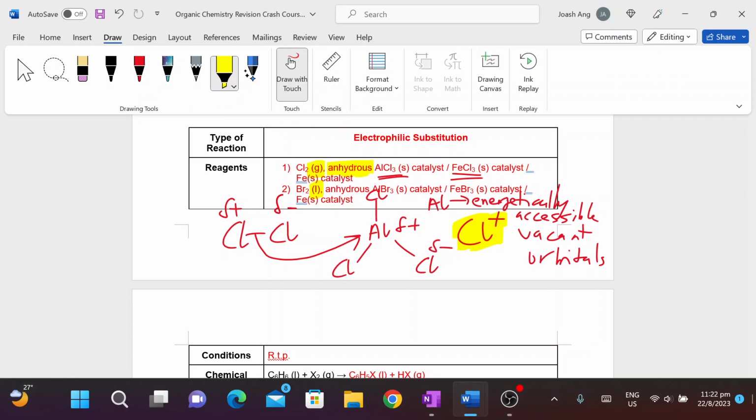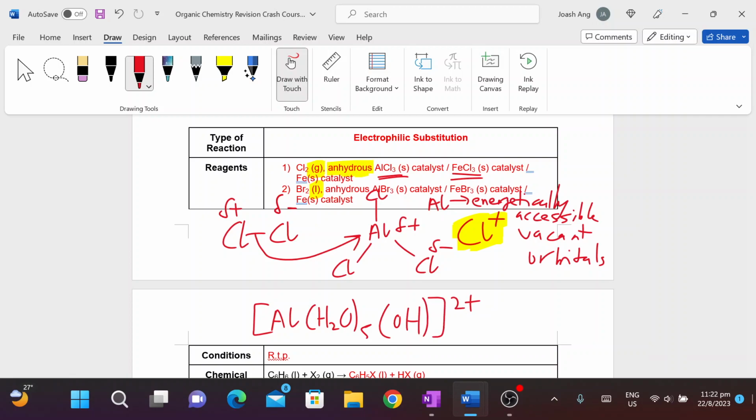That is why you use anhydrous catalyst, because if you hydrolyze in water, you will have the following species being formed, and thus your aluminum or iron is unable to act as a Lewis acid anymore, and it is unable to generate the stronger electrophile.